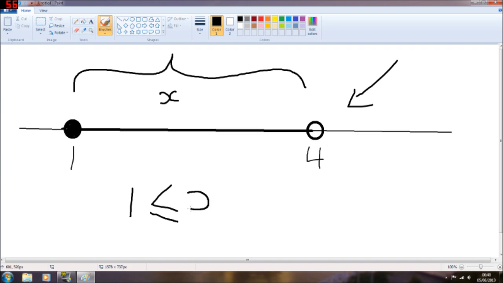And you write the x in the middle because x is in the middle here. And there is the 4. And x is definitely smaller than 4 because 4 is here and x is behind it. And x is not equal to 4 because this circle is not shaded, so you just write the 4. And there's your answer.